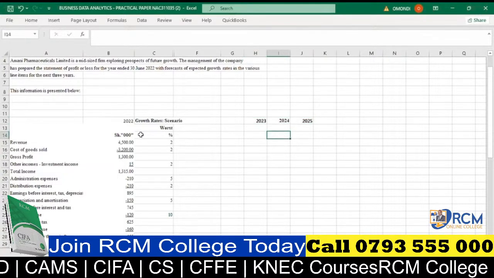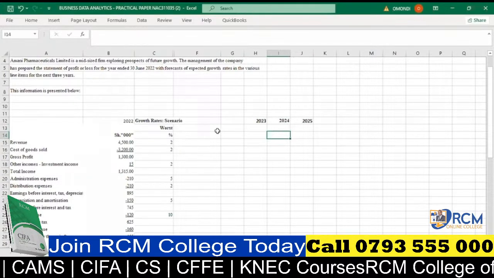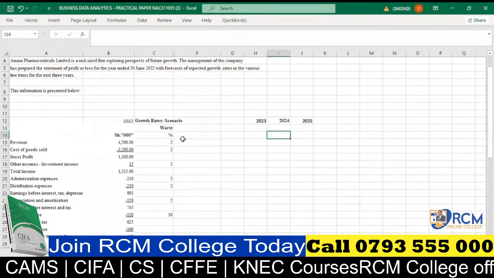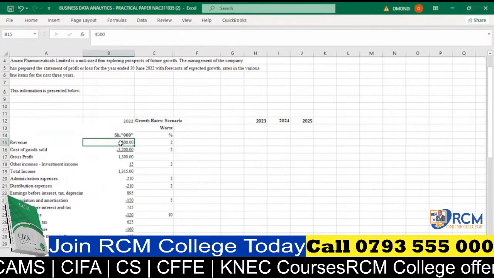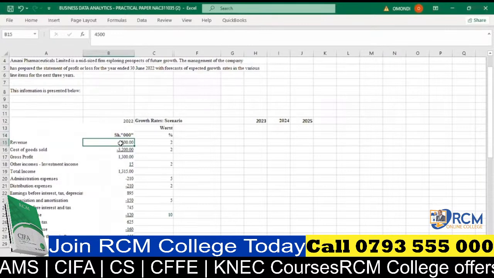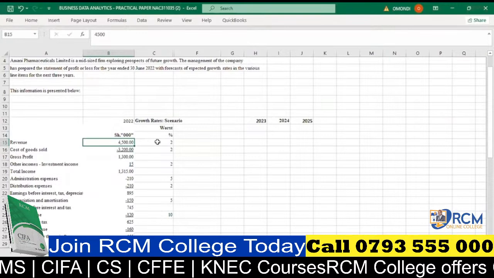So these values are given to us. Of course, the changes here are in percentages. So for 2022, revenue is 4,500. It is expected to grow or to increase by 2%.